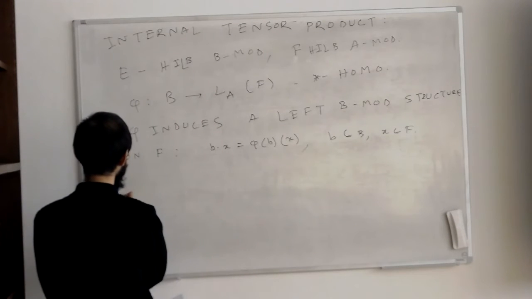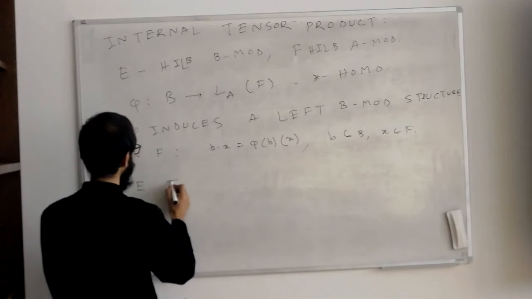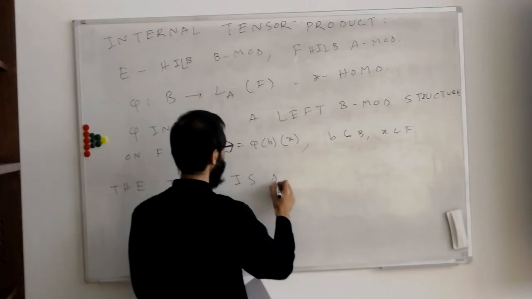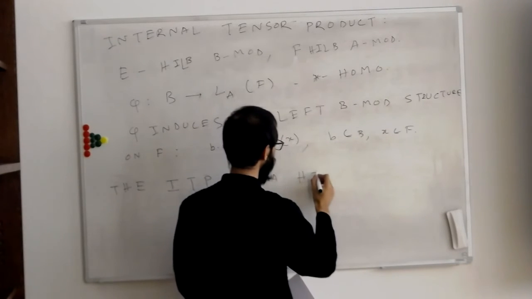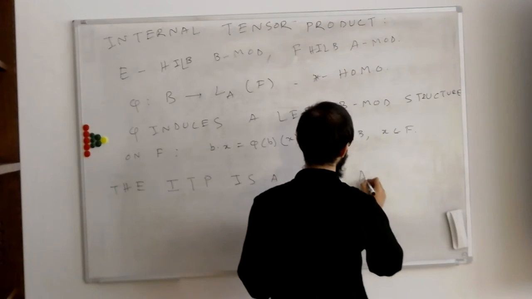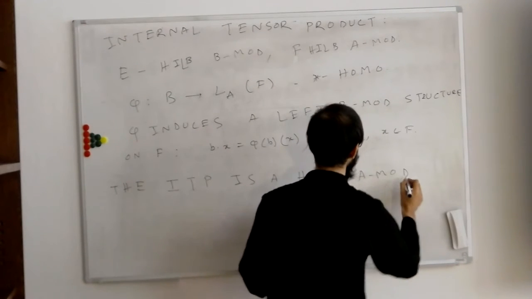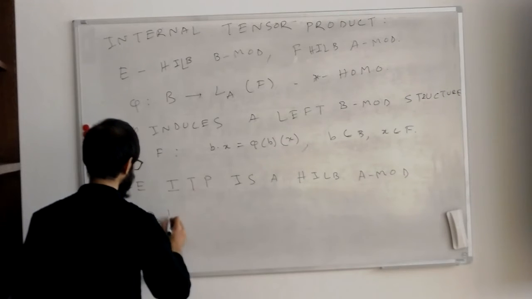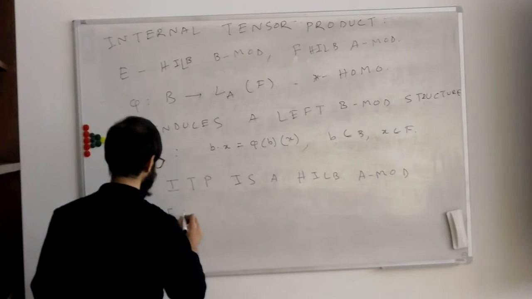Then the internal tensor product, ITP, is a Hilbert A module, written as E tensor over phi F, with the following structure.